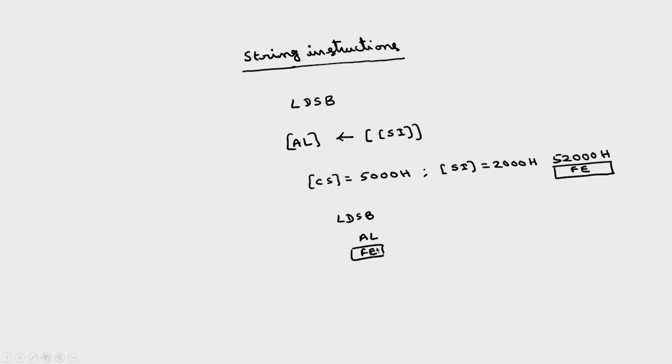So, this instruction takes the source index as a default register. Using this SI, it will compute the physical address, then that data will be transferred to AL.